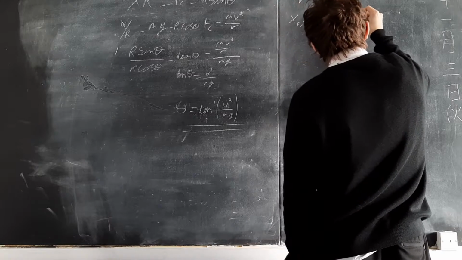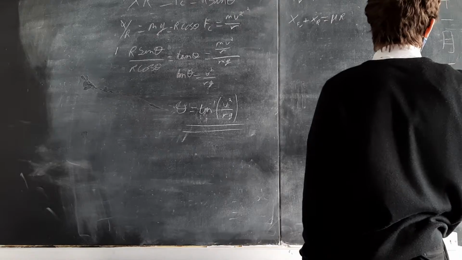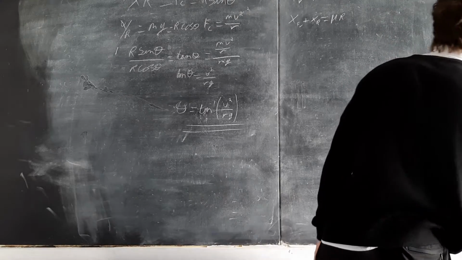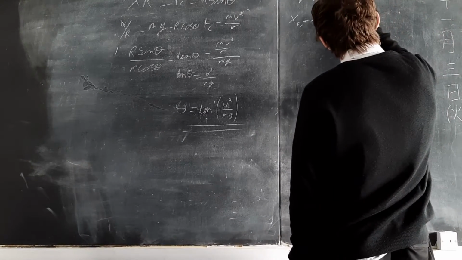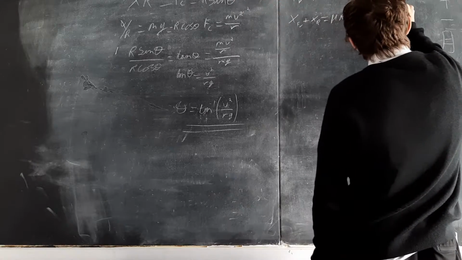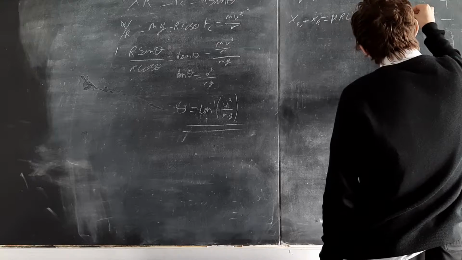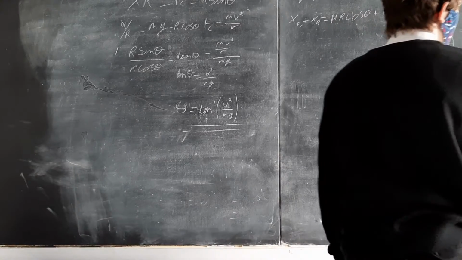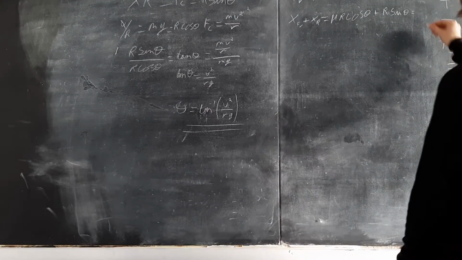So mu R cos theta, add what we got before, which is R sin theta, which is all equal to Fc.